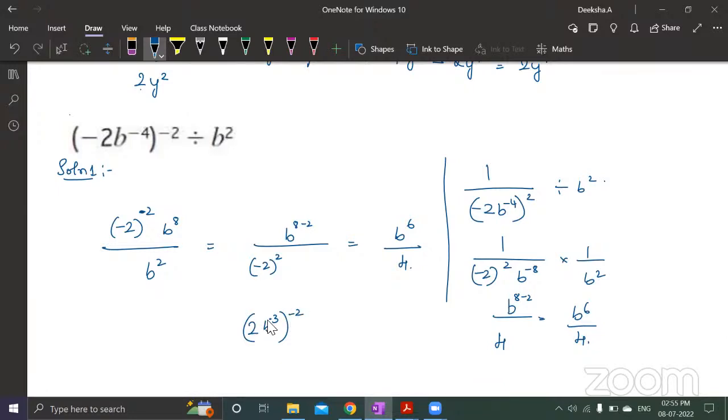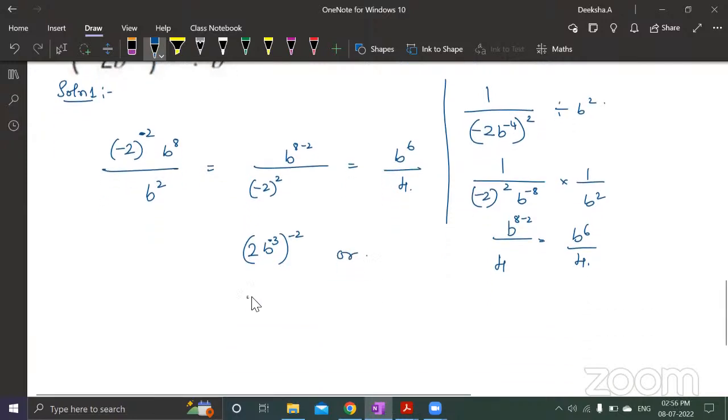If they give it like this, 2 power minus 2 is 1 by 2 square, which is 1 by 4, and then minus 3 into minus 2 will be plus 6, so b power 6. Or they could have given 2 power minus 1, b cube power 2. So they could have given the options in various ways. Based on whatever is given, once you simplify, see which of the options is equal to this, and then you can get the answer.